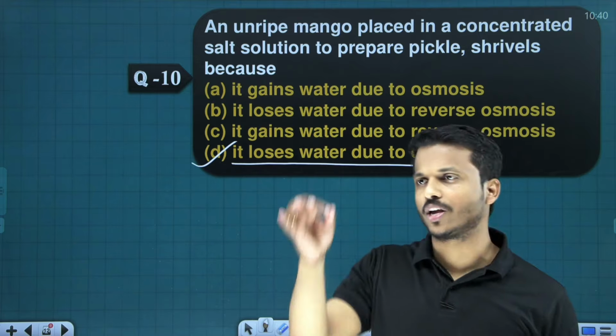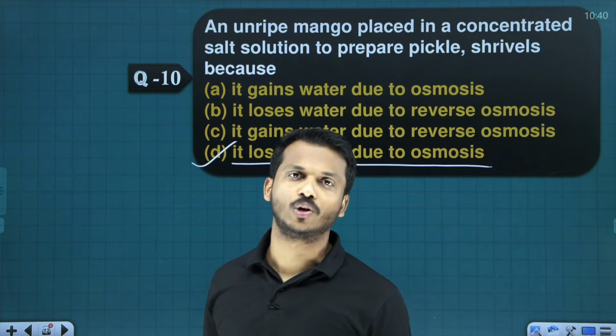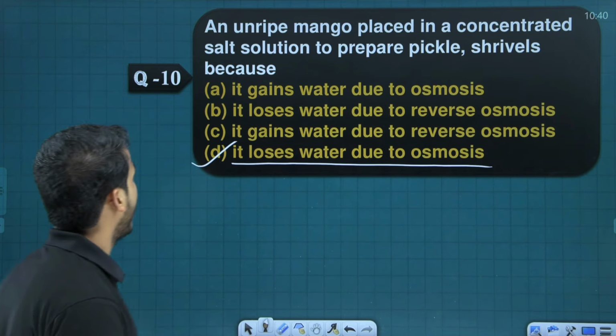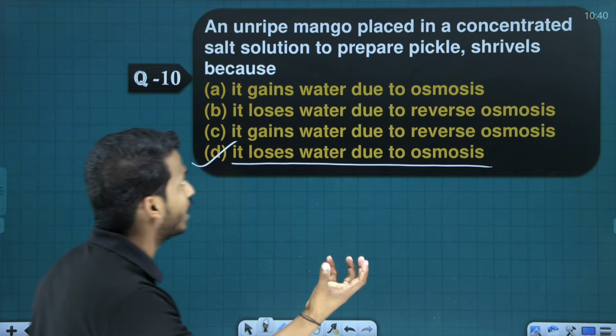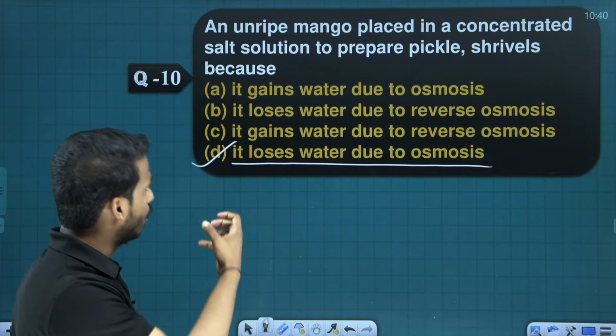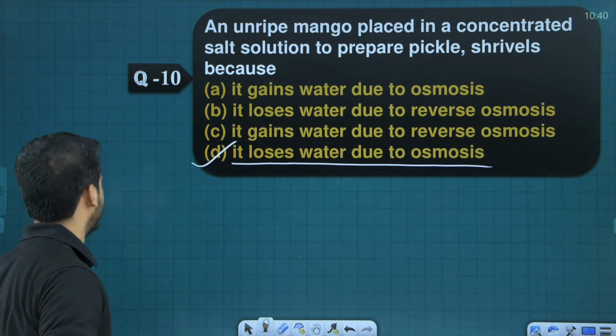We already studied what happens when you keep a substance in a hypertonic solution. It shrinks, right? So an unripe mango placed in a concentrated salt solution to make pickle shrivels because it loses water due to osmosis.